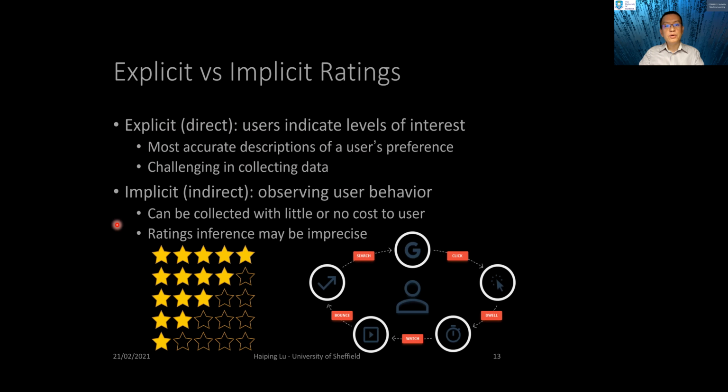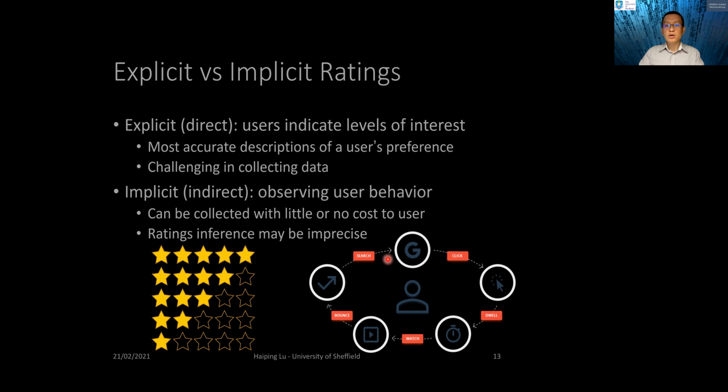There are also implicit ratings, which indirectly measure the level of interest by observing user behavior. They can be collected with little or no cost to the user, but the rating inference may be imprecise.